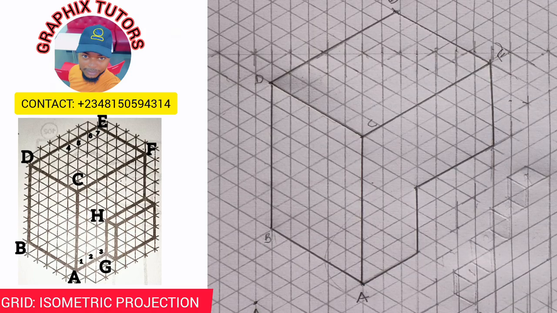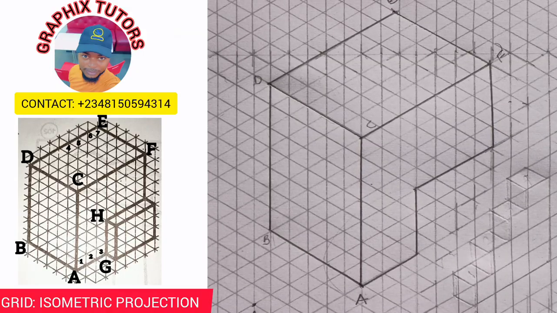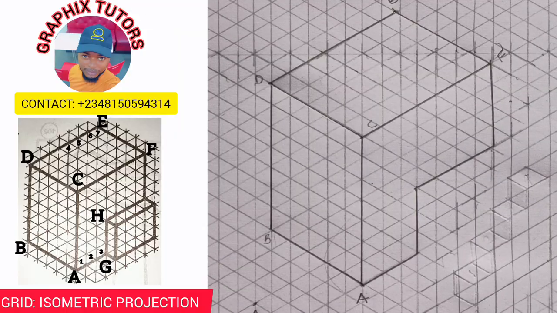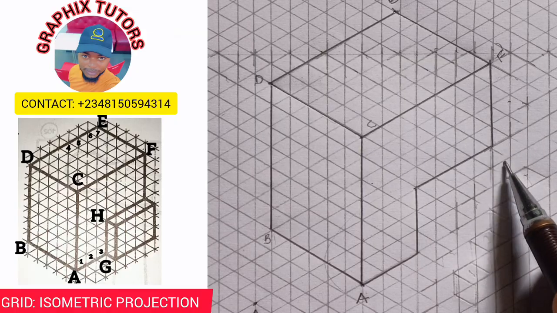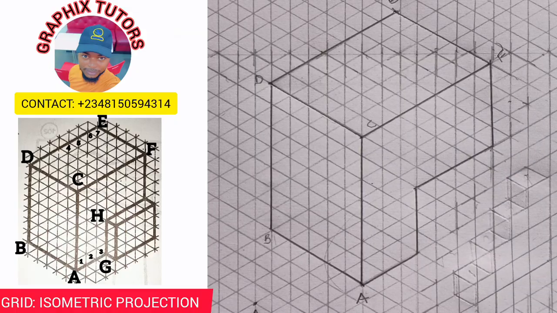Now the next thing is I'm going to do the needful here, right? I'm going to move from here to here. I will just move from this point to this point, and that is 10.